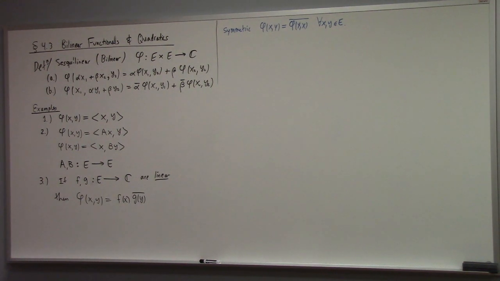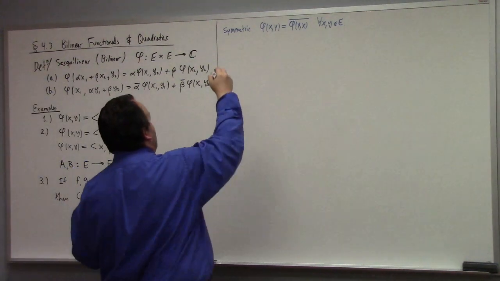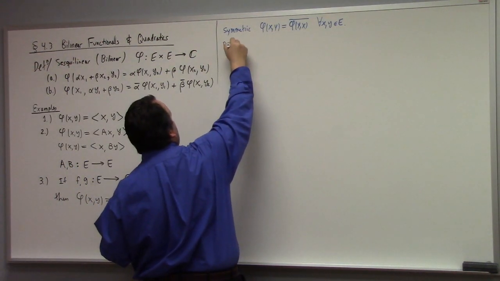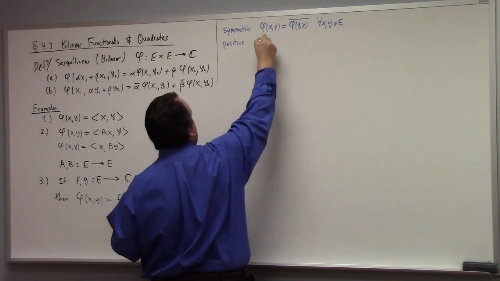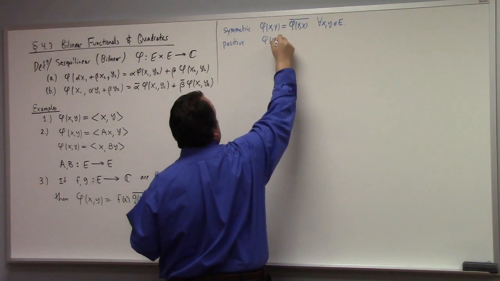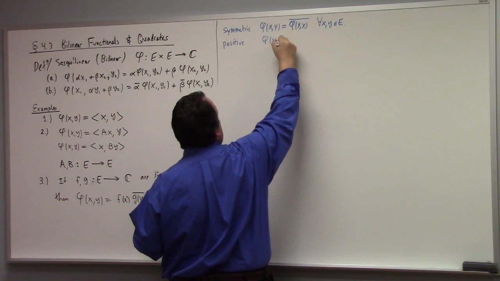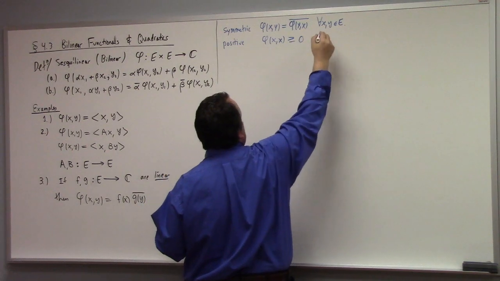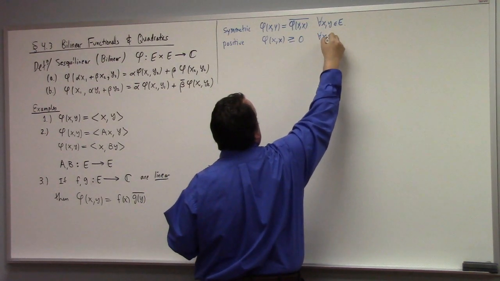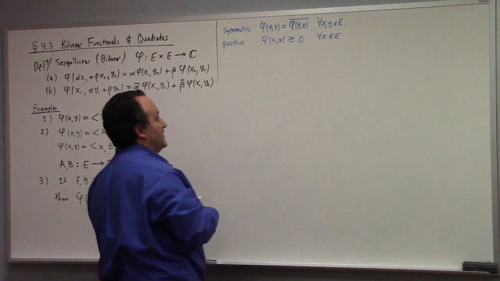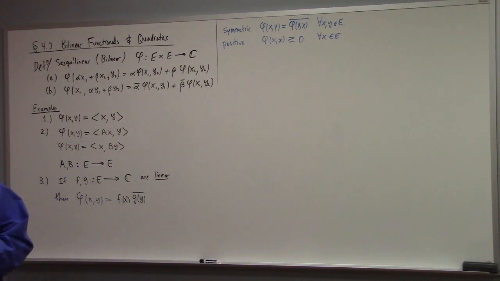You can also talk about it being positive. It's positive means that phi of xx is greater than or equal to 0 for all x in E. It's a positive bilinear form. And what do you think strictly positive would mean?